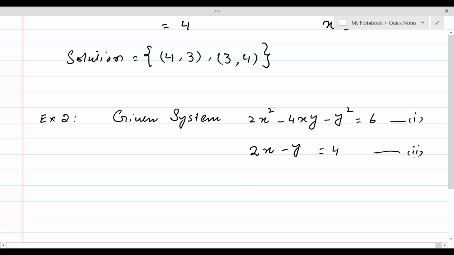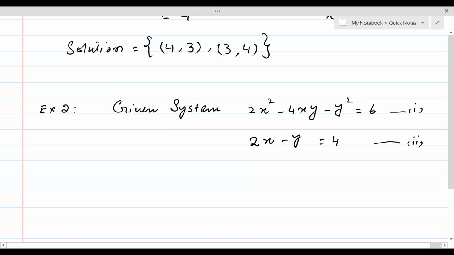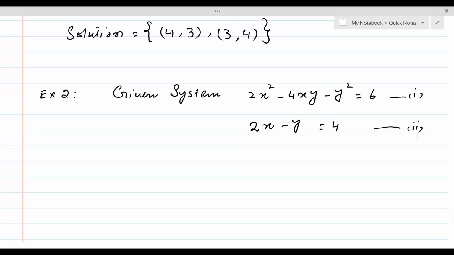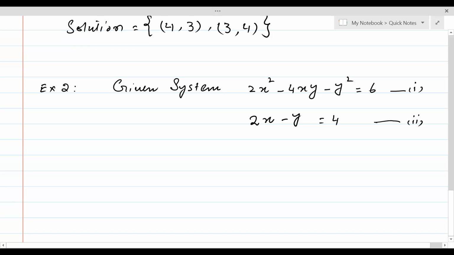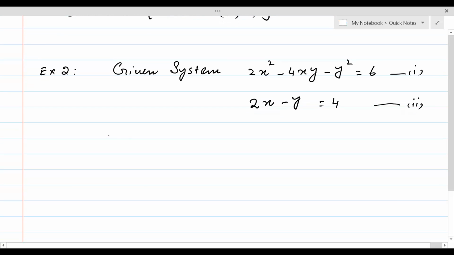Like we said earlier, always get a value of one of the variables from the straight line or an equation of degree 1 and substitute it in the other quadratic equation. From equation 2, we'll find the value of y: 2x minus 4 is equal to y.